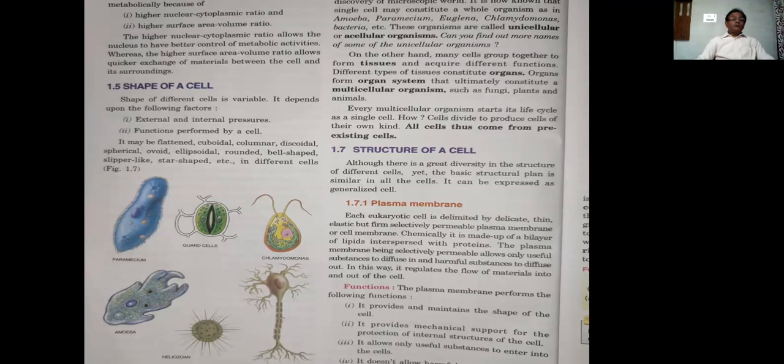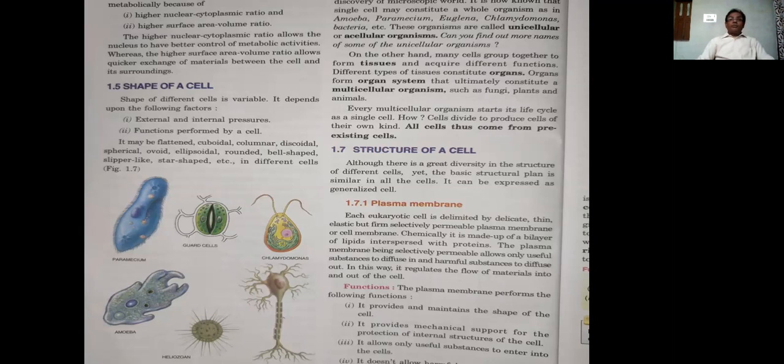Amoeba, you know, is the most commonly studied unicellular organism, having irregular shape with pseudopodia on its surface for capturing food. The nucleus is also present in the cytoplasm of the amoeba. The outermost boundary is the cell membrane. A number of food vacuoles and the contractile vacuole are found in this organism.